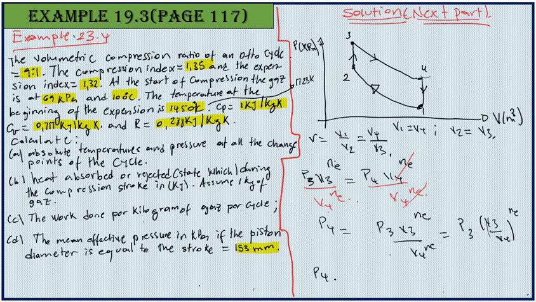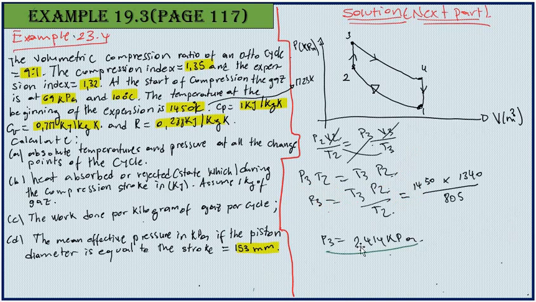So P4 is equal to, we have P3, which is 2414.